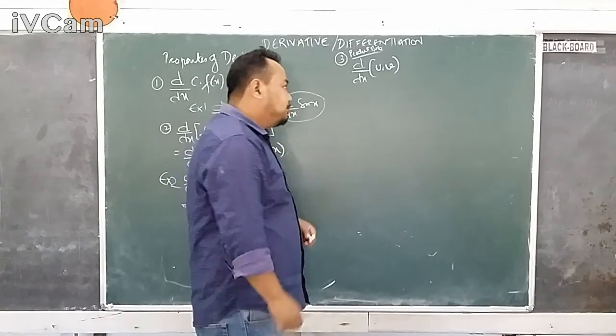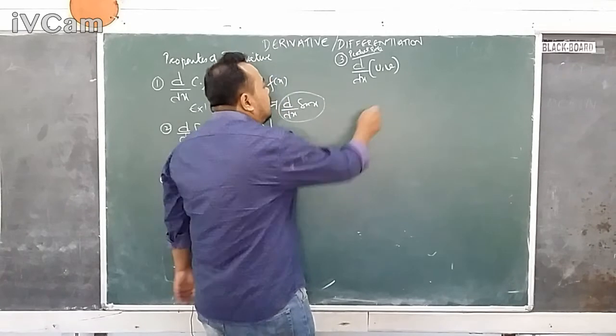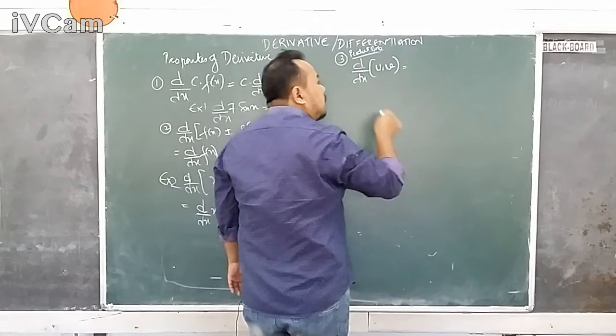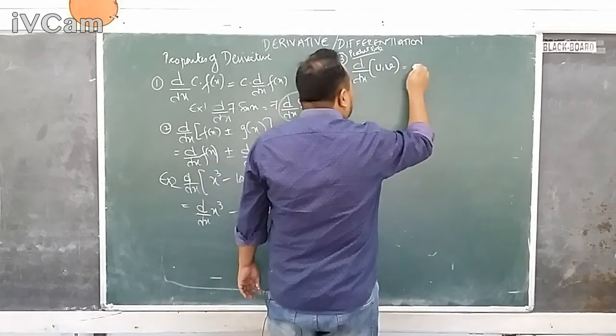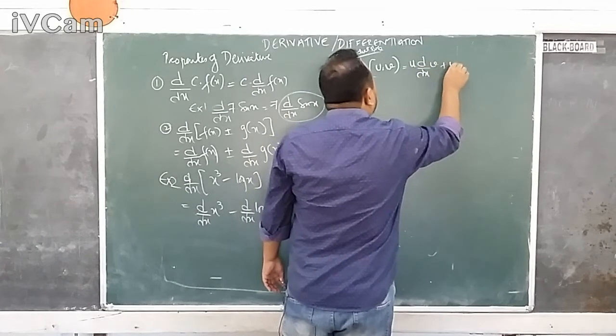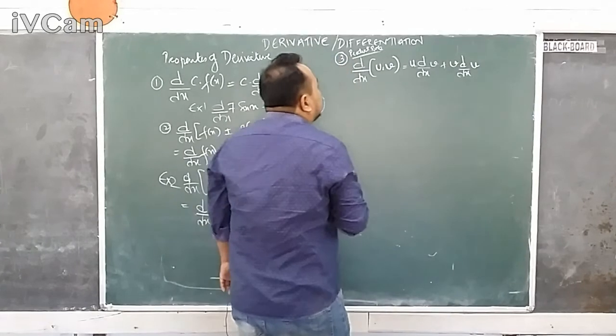Is that clear? Formula means we are differentiating, means we are breaking the function. So product rule says d by dx of u into v becomes: you cannot apply the formula directly, you have to apply the formula one at a time. So how is it done? Keep u constant, differentiate v, plus v constant, differentiate u. So this is called product rule, u into v.